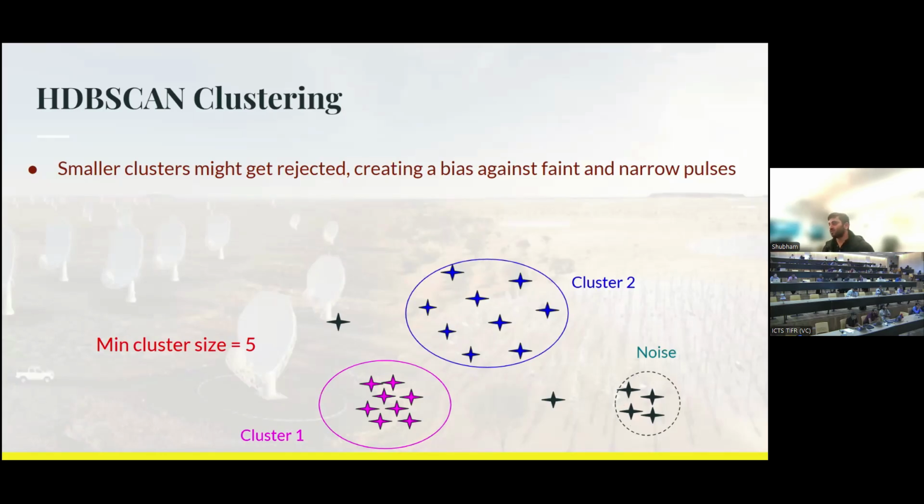This is because the smallest size of the cluster has to be 5. So in this method we may sometimes lose very small clusters, but this is the best we can do. This also means that with this method we sometimes may lose very narrow and very weak pulses.